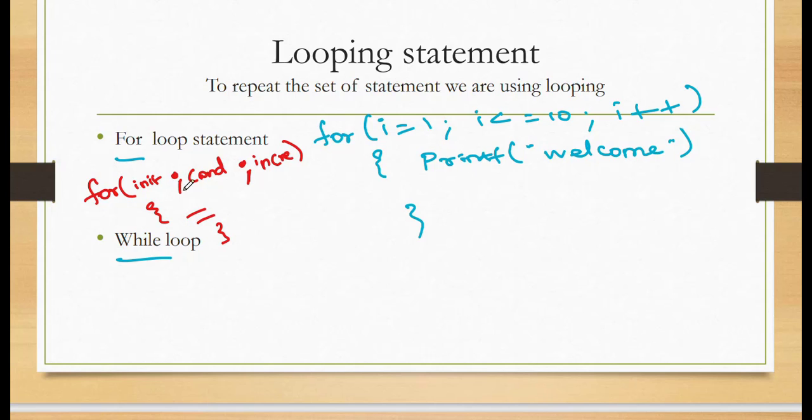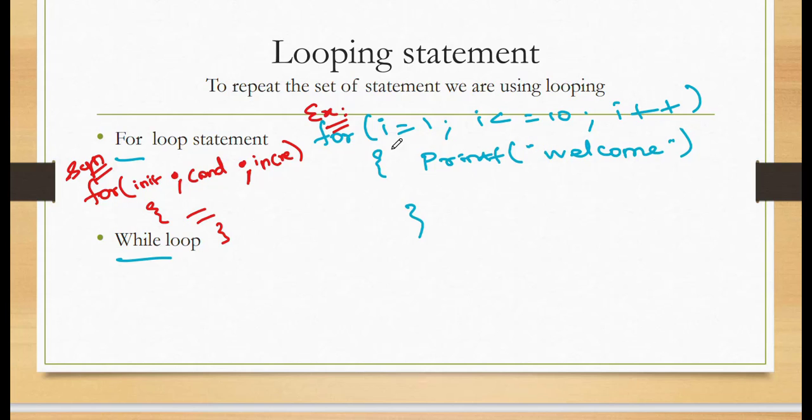This is the syntax of the for loop. For example, for I equal to 1: initially I am assigning the value 1 to I. I is less than or equal to 10, so until 10 this loop will repeat. I plus plus is the increment part.